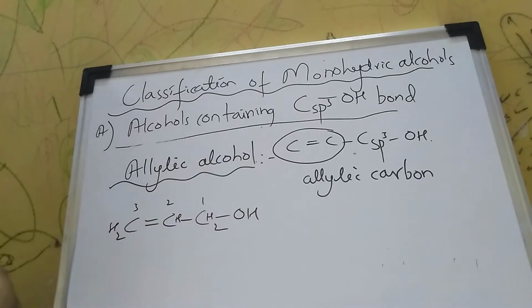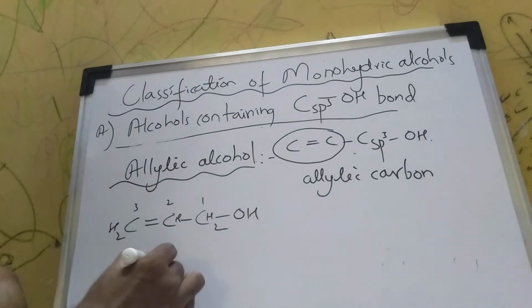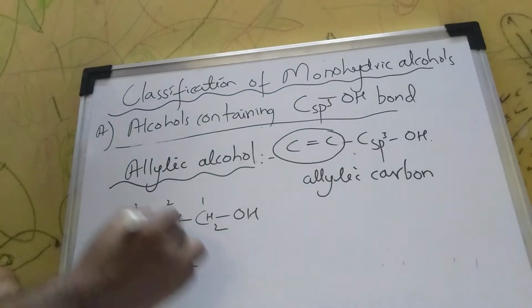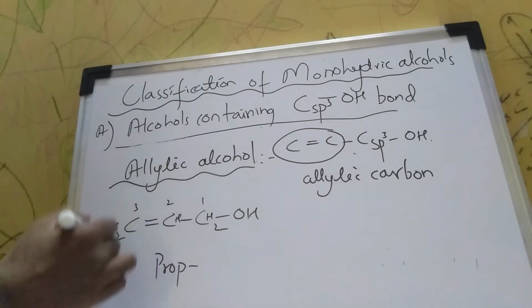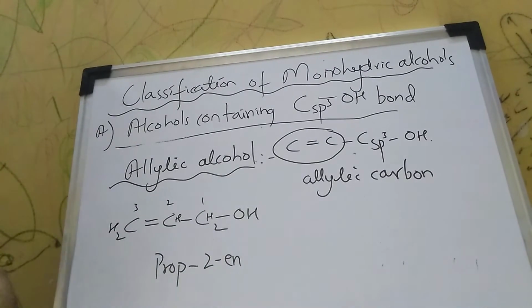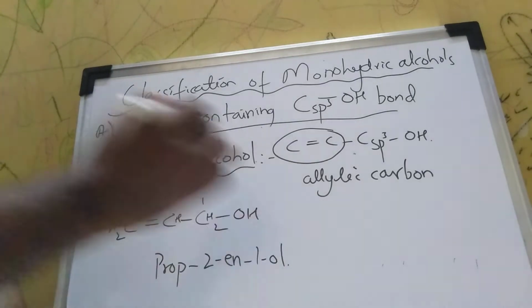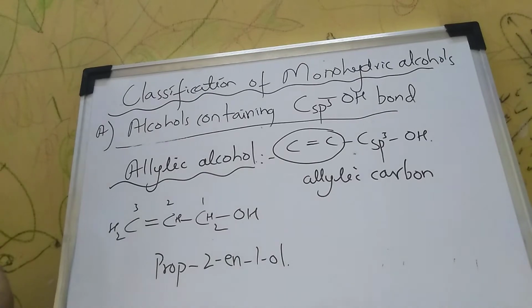Double bond means alkene, 3 carbon atoms means propane. If you say alkene, it is propene. The double bond is between second and third, so it will be prop-2-en. The OH is attached to the first carbon atom, 1-ol. Prop-2-en-1-ol.